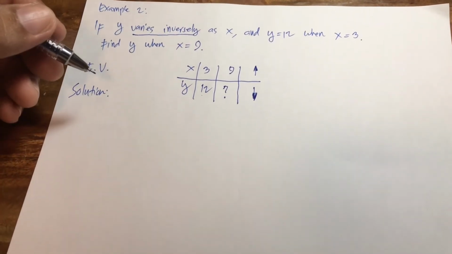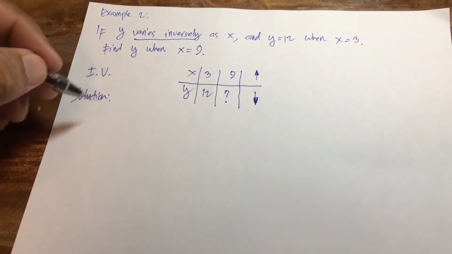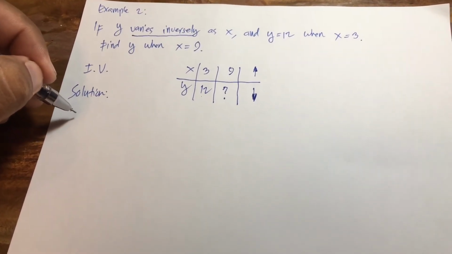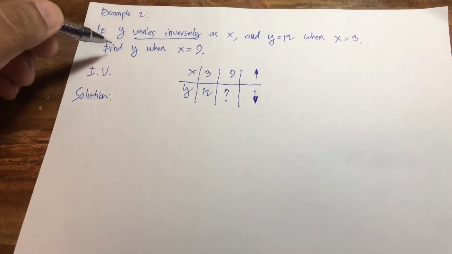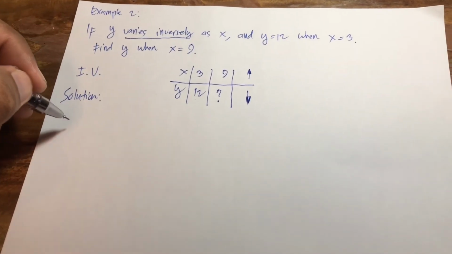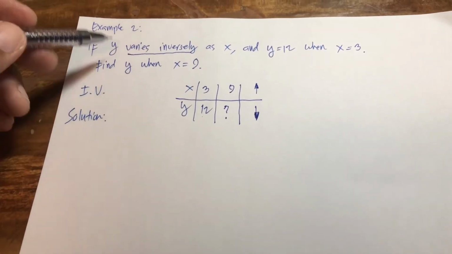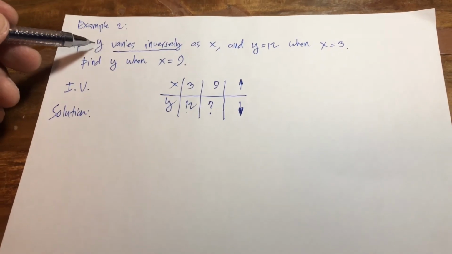So how? First, we will solve the value of k. So y varies inversely, since y and x are used as quantities, so no problem. So what is the first symbol here is the one that is first used.